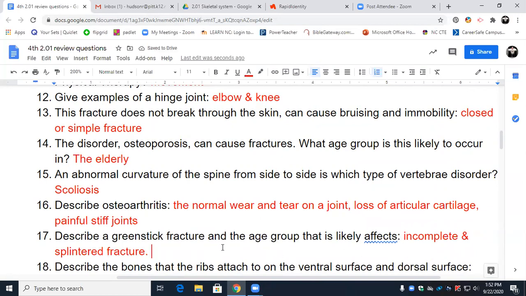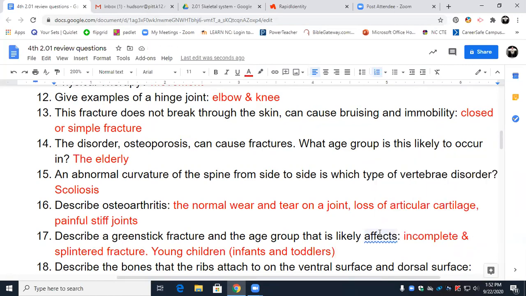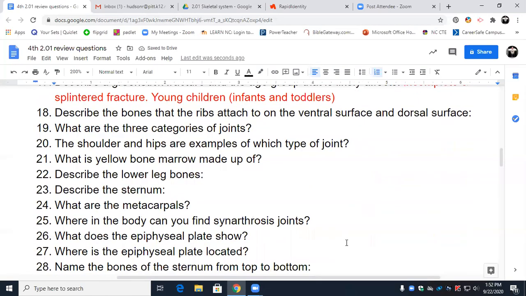Yes, young children. So we're talking infants and toddlers. Okay, scrolling again.